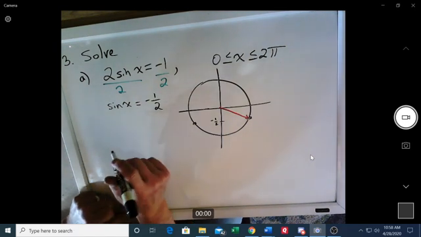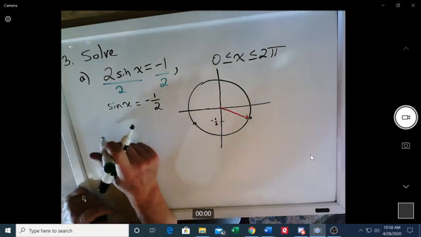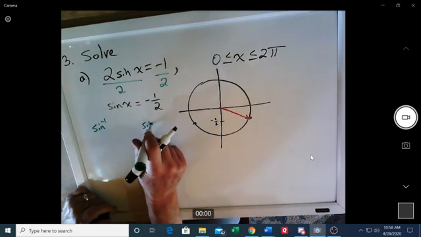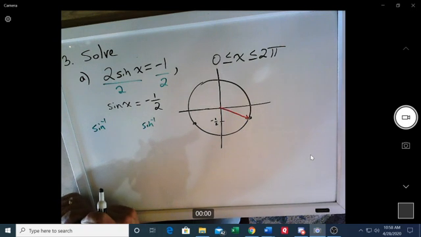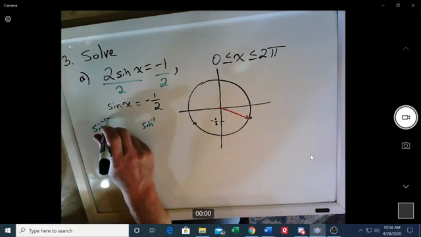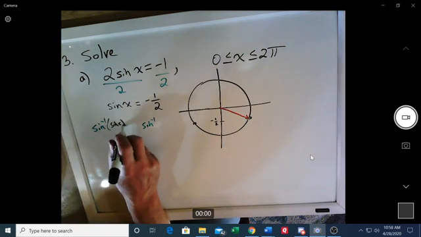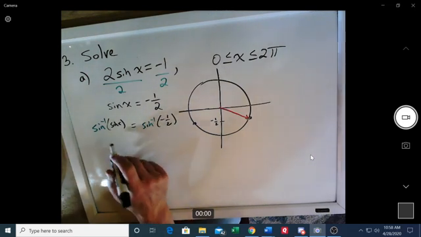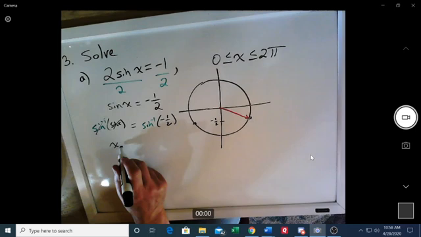And let's just do that. If I took the inverse sine of both sides, these kill each other off.